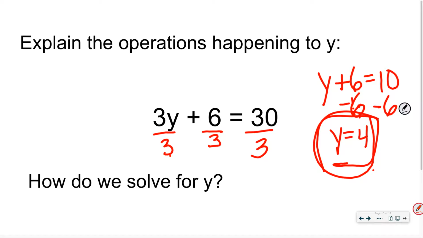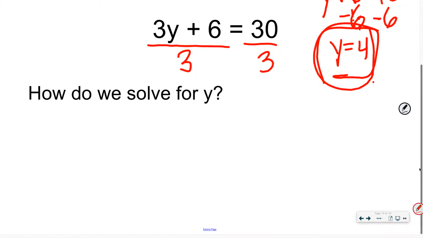If you don't take the 6 away, it is still on this side, which means if your first option was to divide, you divide the whole side by 3 and the other side by 3, which would give you y plus 2 equals 10.